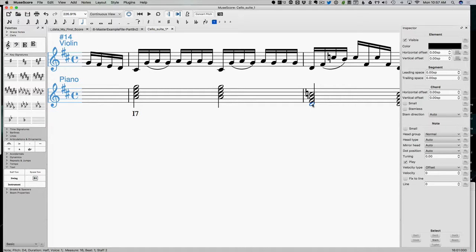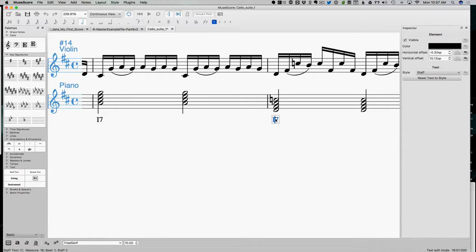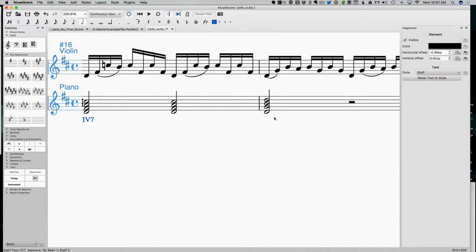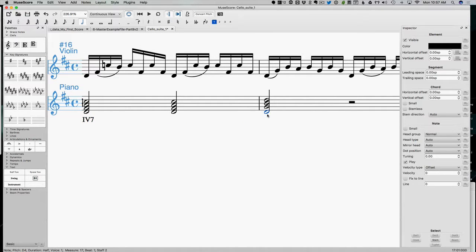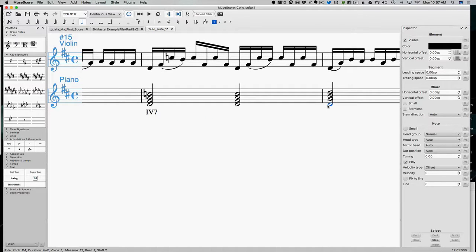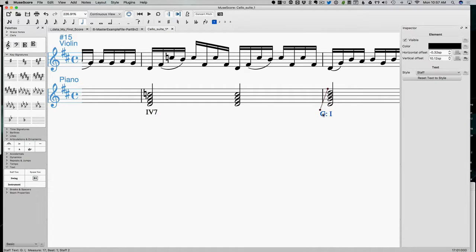We're still technically in the key of A, so this D would be 4/7, which then gets us to this G chord, which in the key of A is a 7. But this is a G natural chord, and in the key of A, we would expect a G sharp chord for our 7th. So we're probably not in the key of A anymore. So let's call this the key of G and a 1 chord.